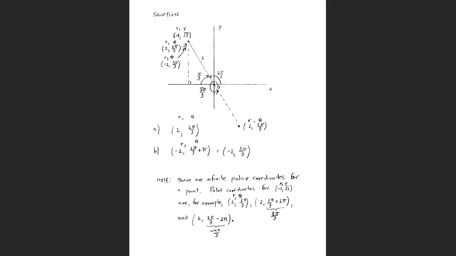Okay, what I've done is I've graphed the Cartesian coordinate -1, root 3. And we know that Cartesian coordinate lies in the second quadrant. And now I'm in the process of finding polar coordinates that will be equivalent to that.